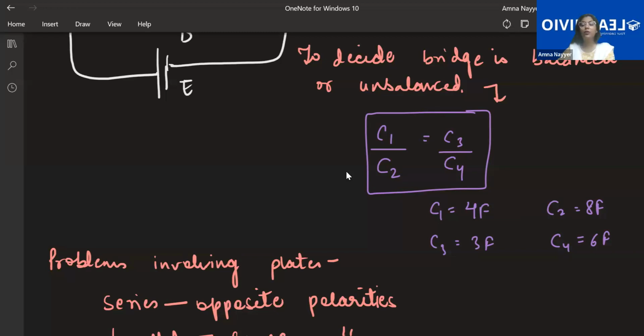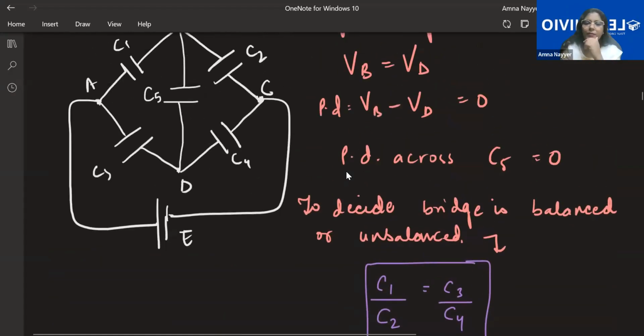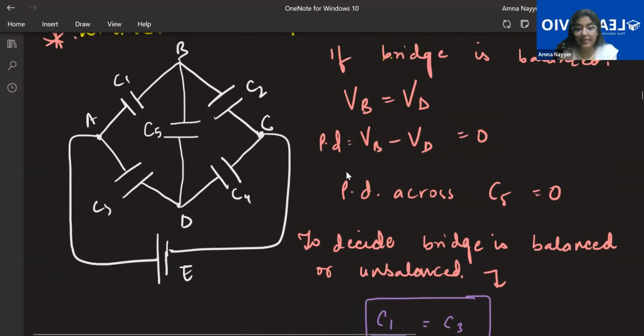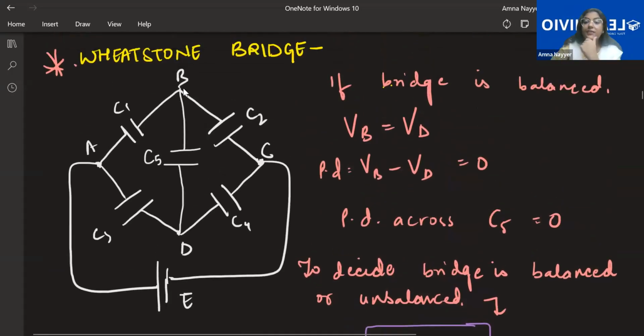So you can say, yeah, now your Wheatstone bridge is in balanced condition. If it is in a balanced condition, you can change its arrangement. When the bridge is balanced, the potential difference across the capacitor which is not connected to the battery becomes the same: VB will be equal to VD.